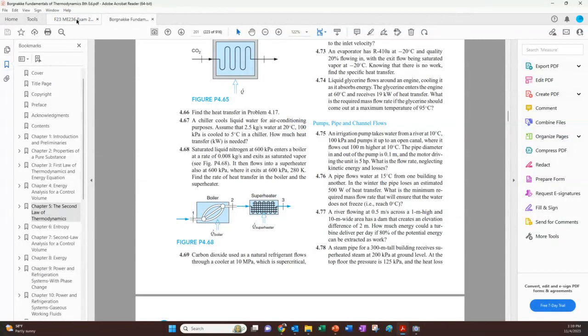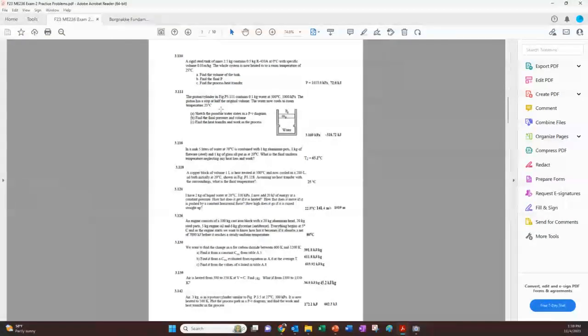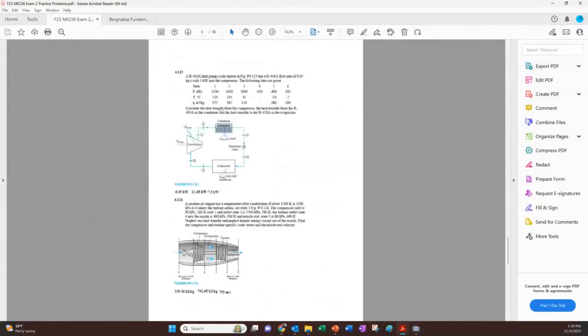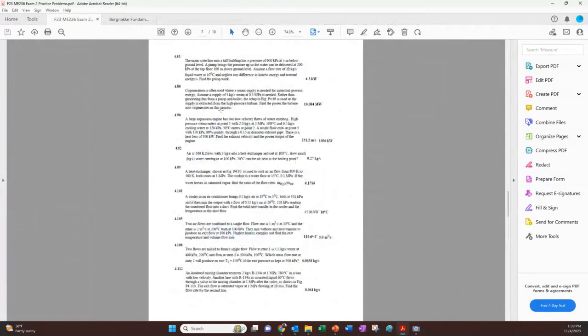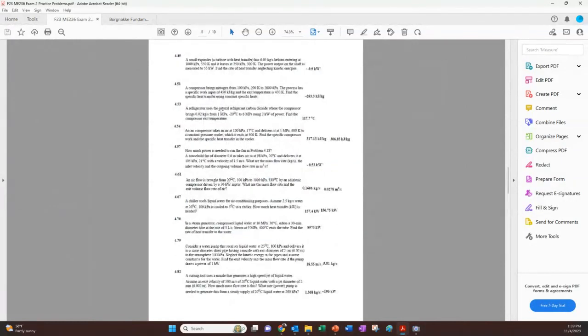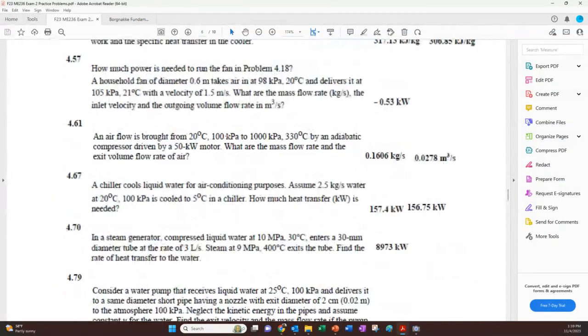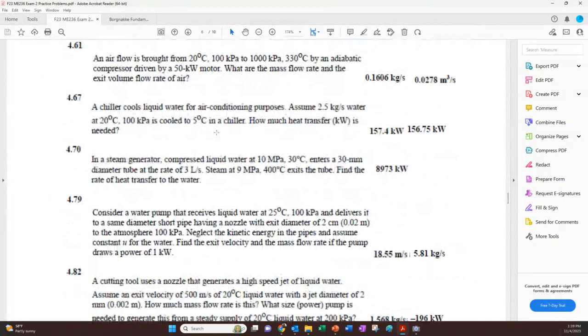Let me jump over to here. So this is a 475 range. Uh, 479. There you go. Let's go to 479.